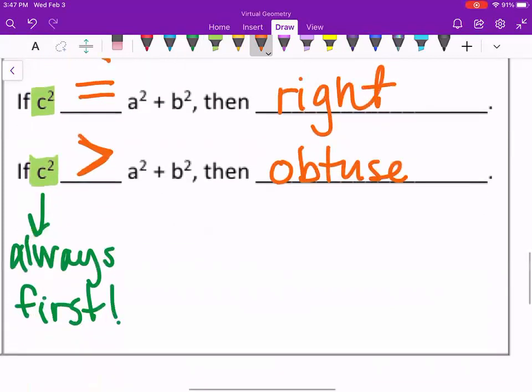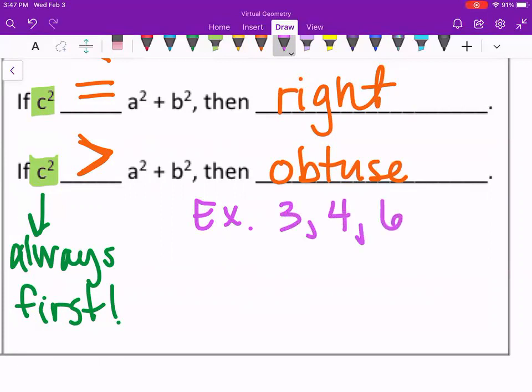So let's try a quick example. All right, let's say you have the numbers 3, 4, and 6. Remember, C is always the biggest.